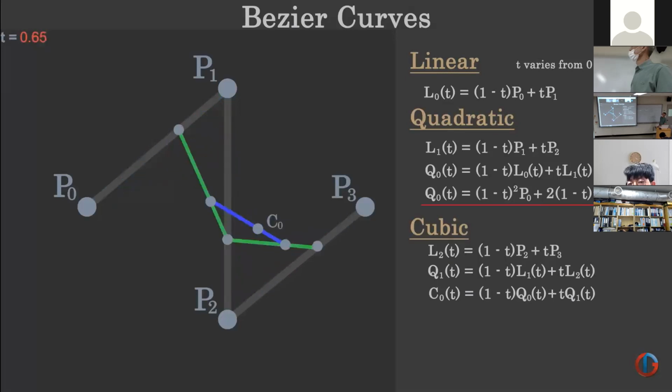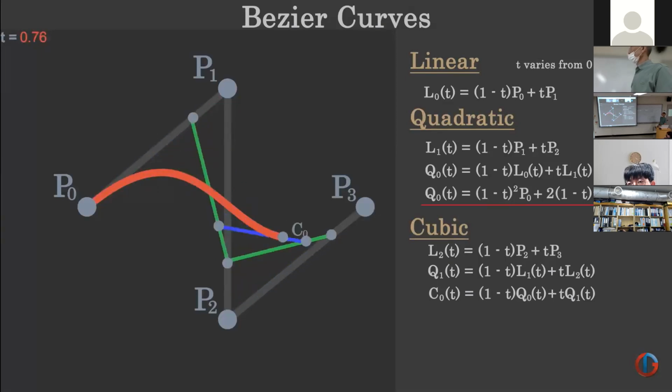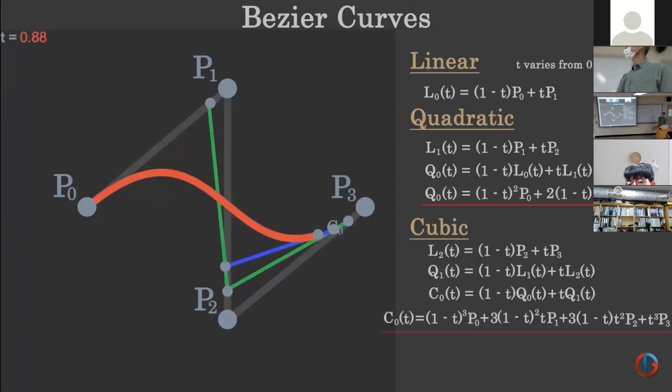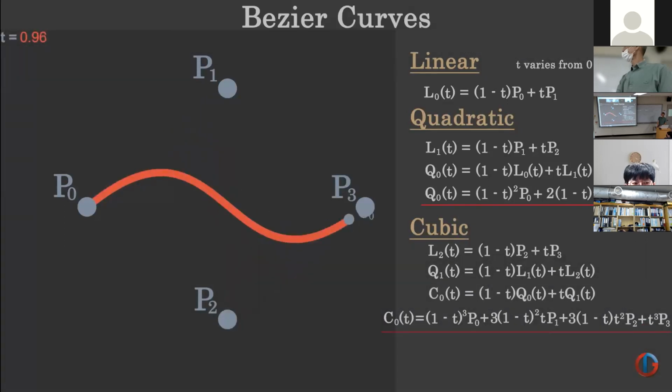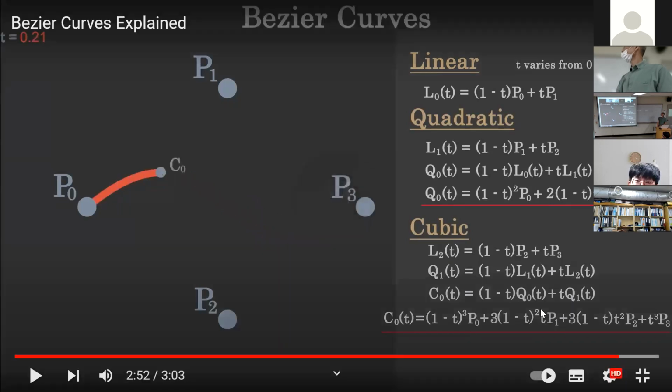If we trace C0's path, it will look like this. We can rewrite the function into this form, and this is what is known as a cubic Bezier curve. So, after all, quadratic Bezier curve is just an interpolation between two linear interpolations, and the cubic Bezier curve is an interpolation between two quadratic curves. I hope this video helped you understand the basics of.